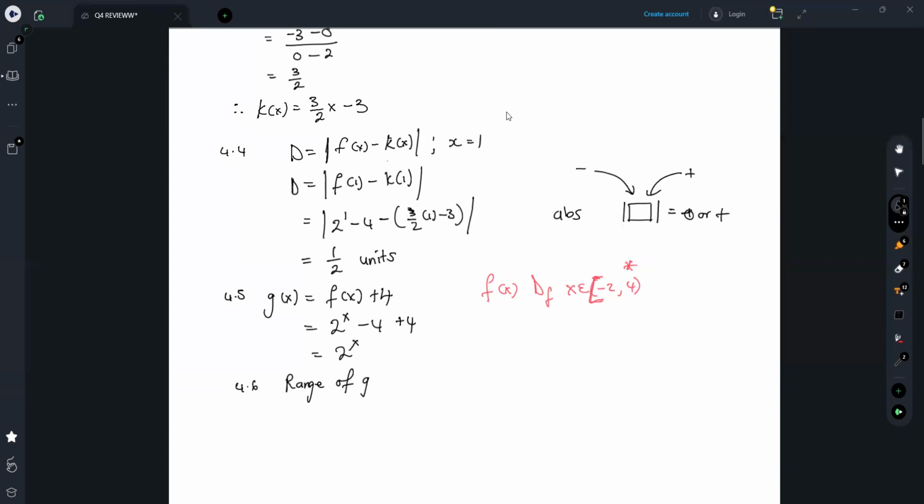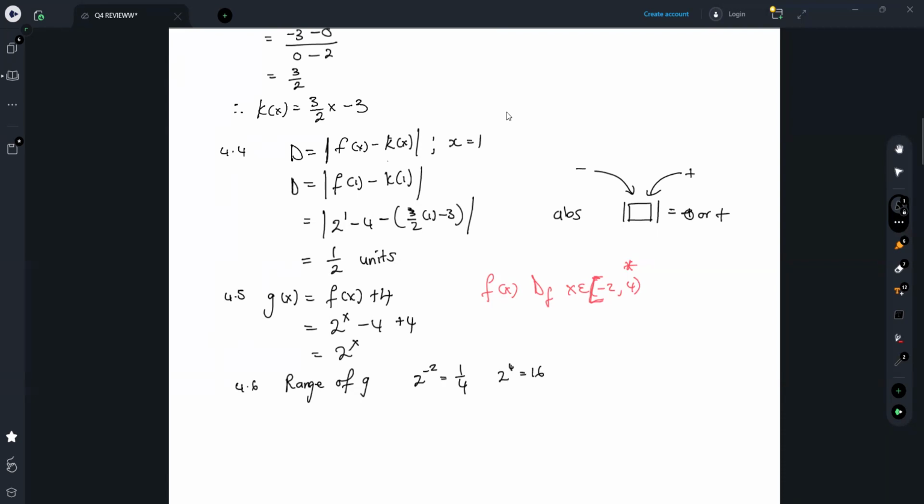So when I plug in -2, I get 1/4. So that is the smallest y value, right? And when I plug in a 4 here, I get a 16. So that is the highest y value of G.